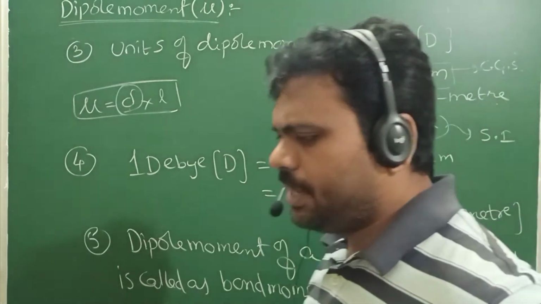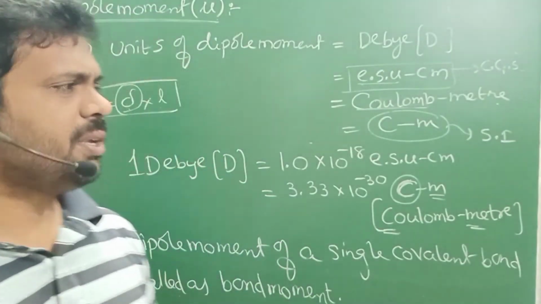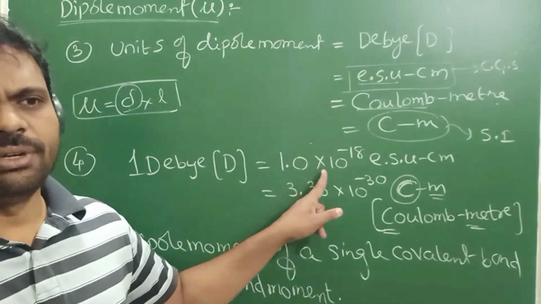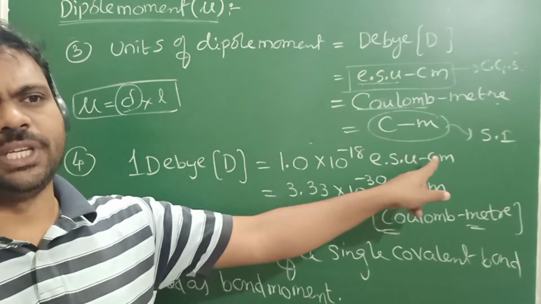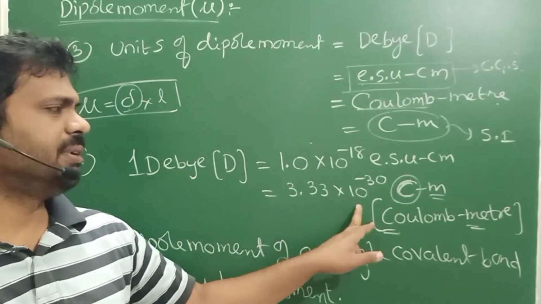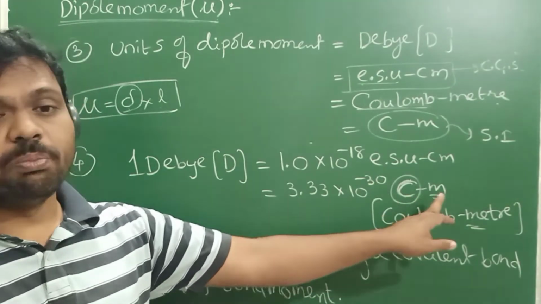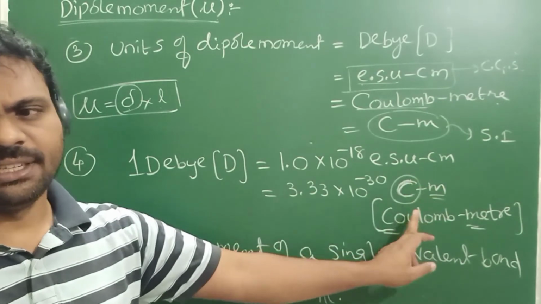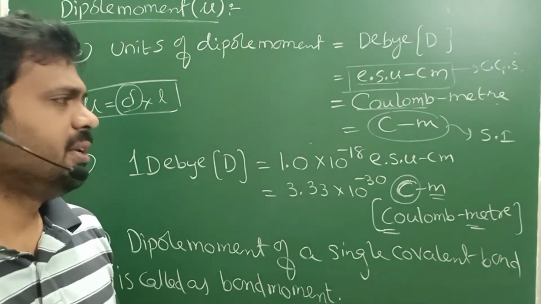Now, 1 Debye is equal to 1.0 into 10 power minus 18 ESU centimeter, and 1 Debye is equal to 3.33 into 10 power minus 30 Coulomb meters. ESU centimeter is CGS, and Coulomb meter is SI.